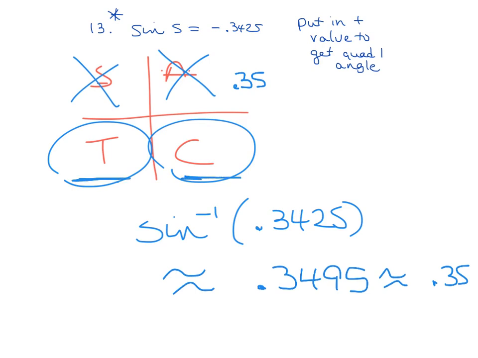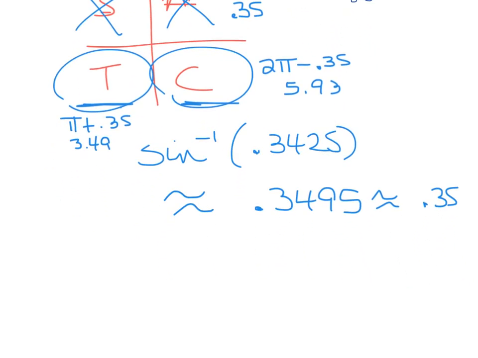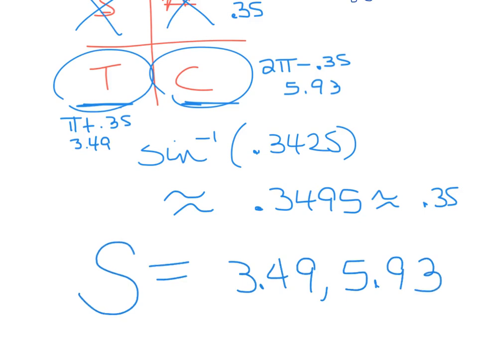So to get those measures, you're going to do pi plus 0.35, and you would get 2.49, and then over here 2 pi minus 0.35, and then this will give you 5.93. On the test, it'll specify what place to round to. So S is equal to 3.49 and 5.93.